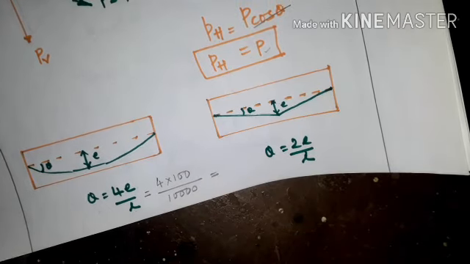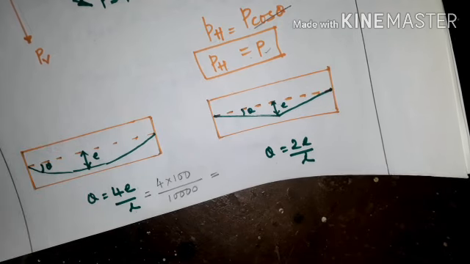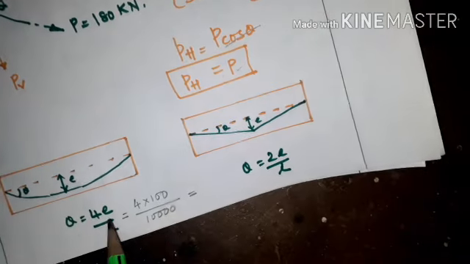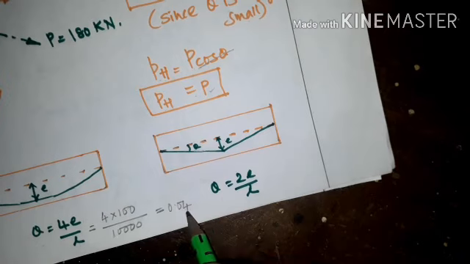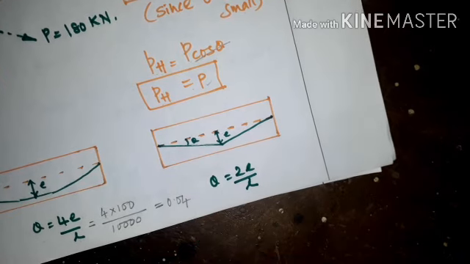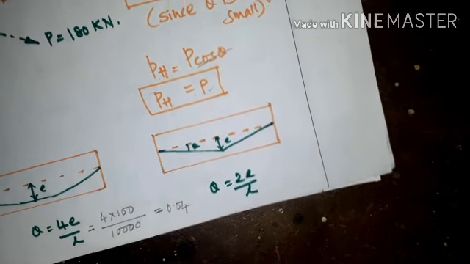So theta is equal to 4E by L, which gives 0.04. We can see the value of theta is very small, so that's why we are not considering it.